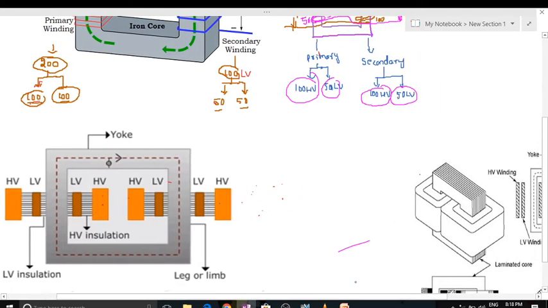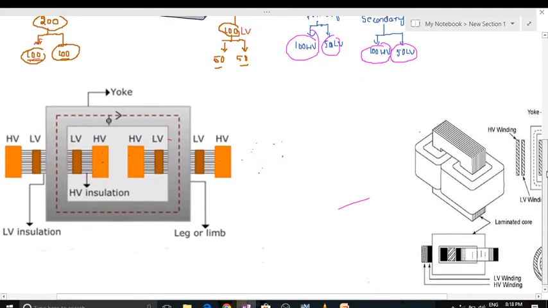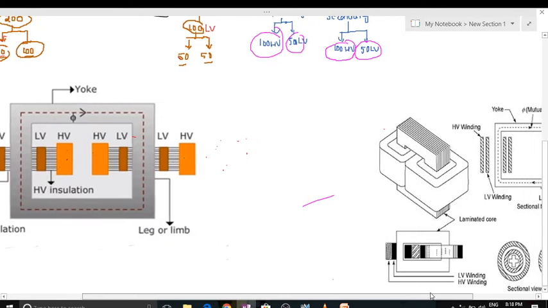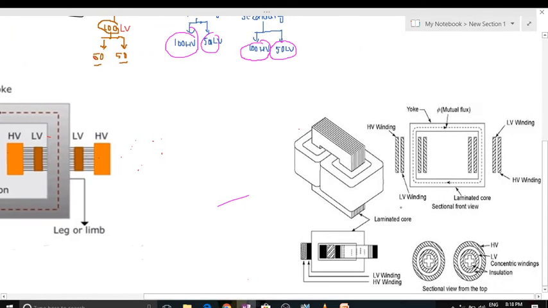Look at the concentric winding procedure here. This is the core, and this is the LV winding, and over that the HV winding is there. So the outer one is the HV winding.